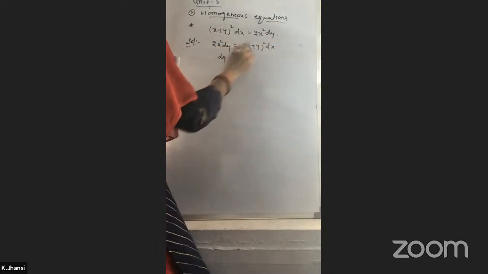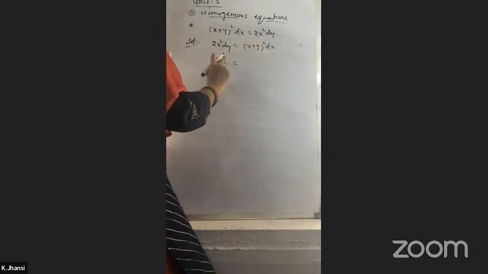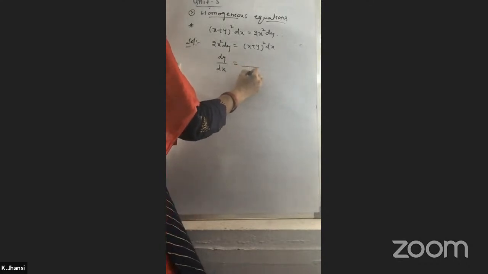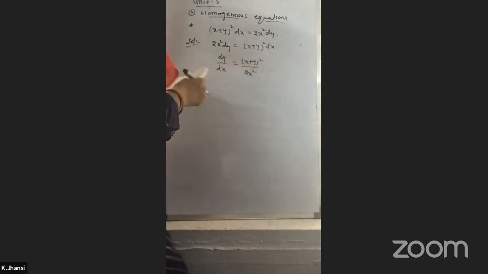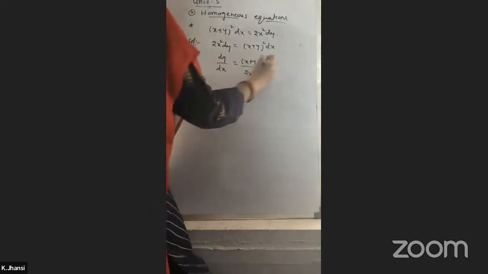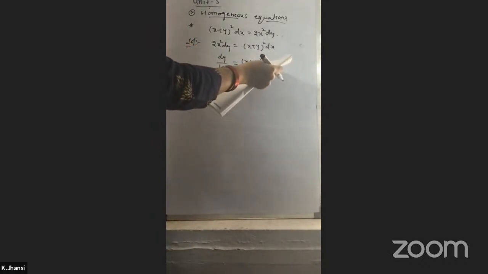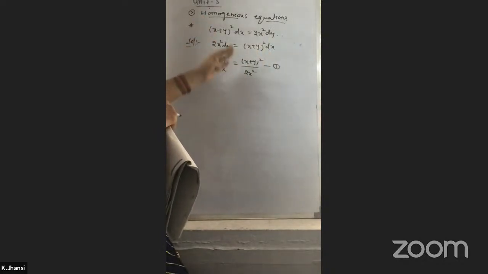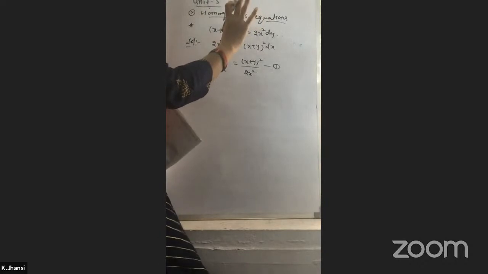That is, dy by dx is equal to (x plus y) whole square by 2x square, where the quotient of dy you have to take as the denominator. Now in the numerator you will get degree 2, and the denominator also has the same. When you cancel out, you will get λ to the power of 0. So it is a homogeneous differential equation.